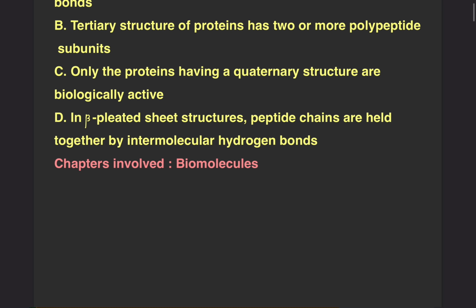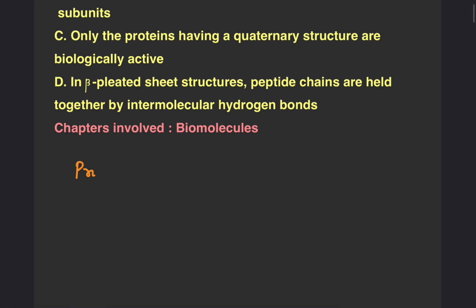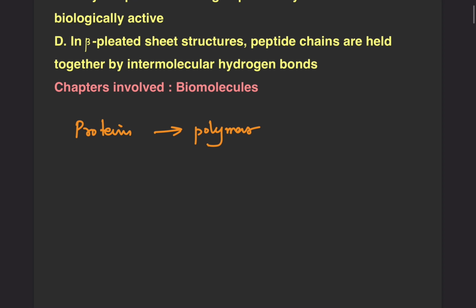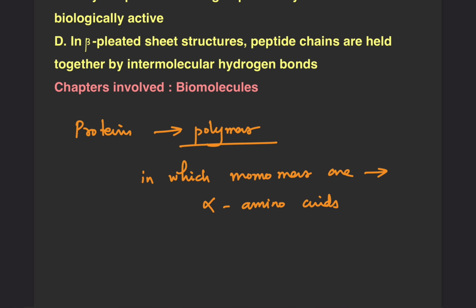So proteins are polymers in which the monomeric units are the alpha amino acids. Okay, so proteins are polymers in which the monomers are alpha amino acids.